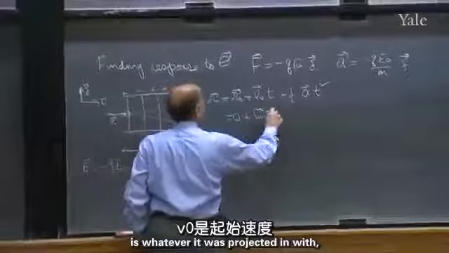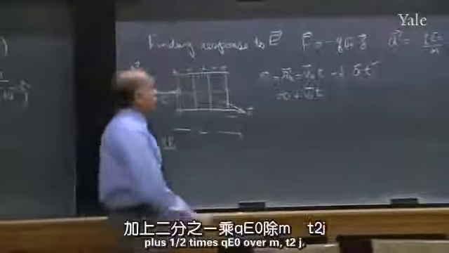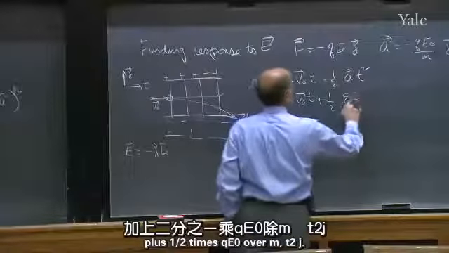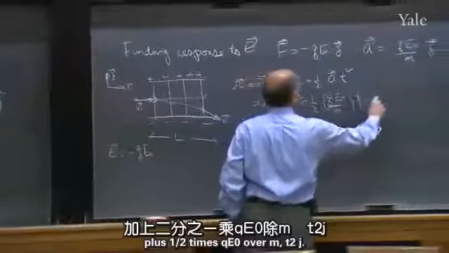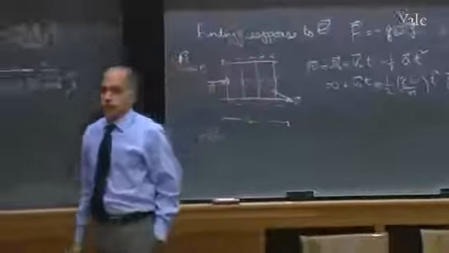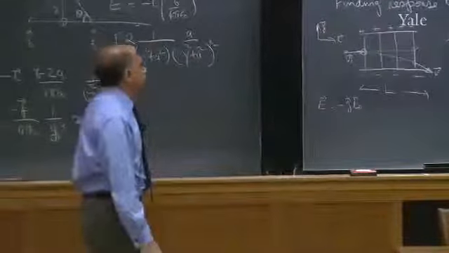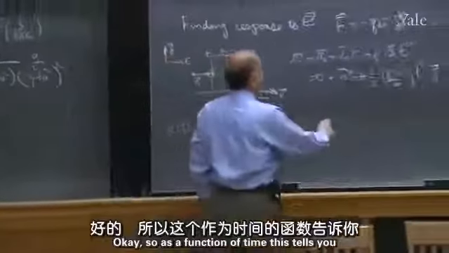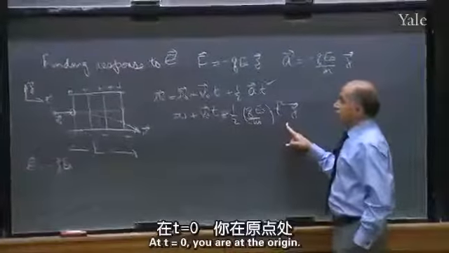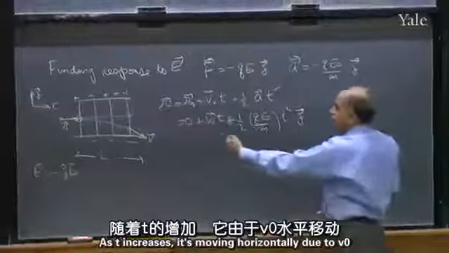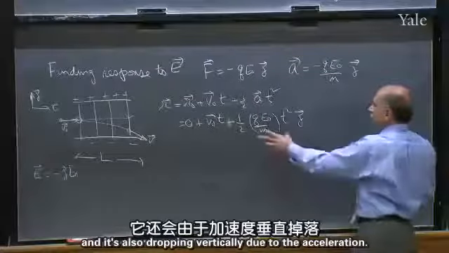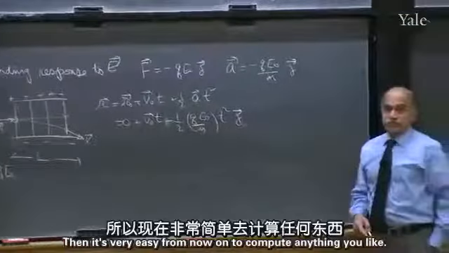V0 is whatever it was projected in with, plus 1/2 times q E0 over m t squared j. Okay, so as a function of time, this tells you where the position will be. At t equal to 0, you're at the origin. As t increases, it's moving horizontally due to v0, and it's also dropping vertically due to the acceleration.